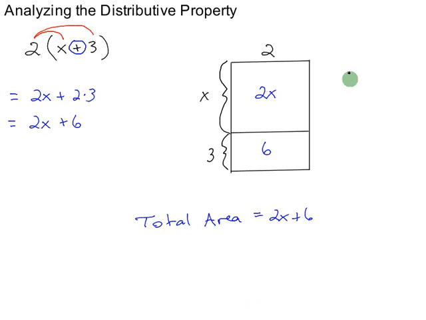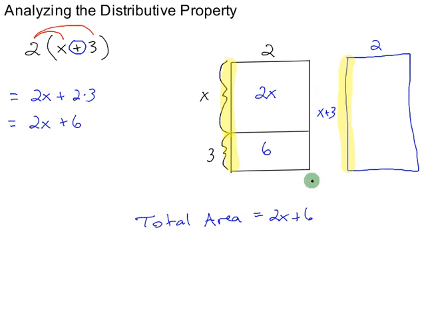So another way to look at this might be, if you were just to look at the big rectangle, I'll sort of redraw it over here, ignore the 2 smaller rectangles. Well, this is still 2. My question is, how long is this side now? Well, this side here, this length, is the same as this length plus this length. So the length of this side is x plus 3.